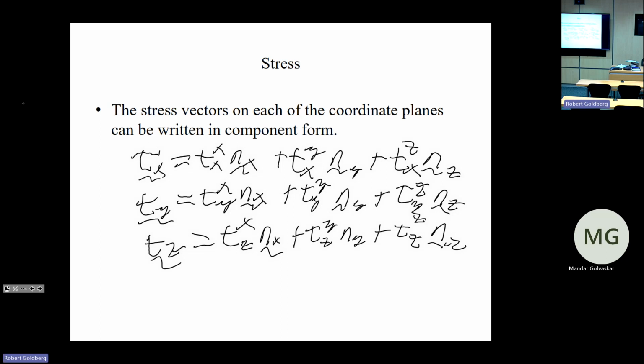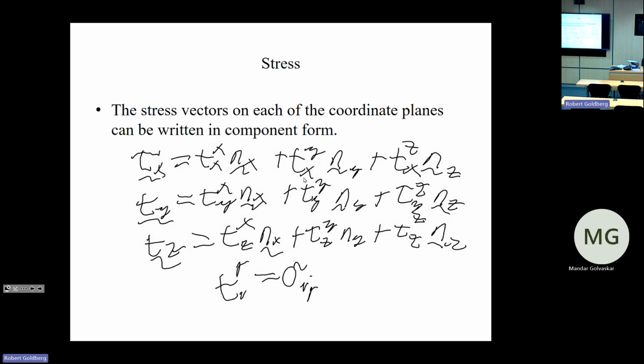So if you look here, we have three equations, and the way everything's set up, this looks like something that we can write in matrix form. So we're going to take this T subscript i superscript j, and we're going to use what we're used to as stress notation.